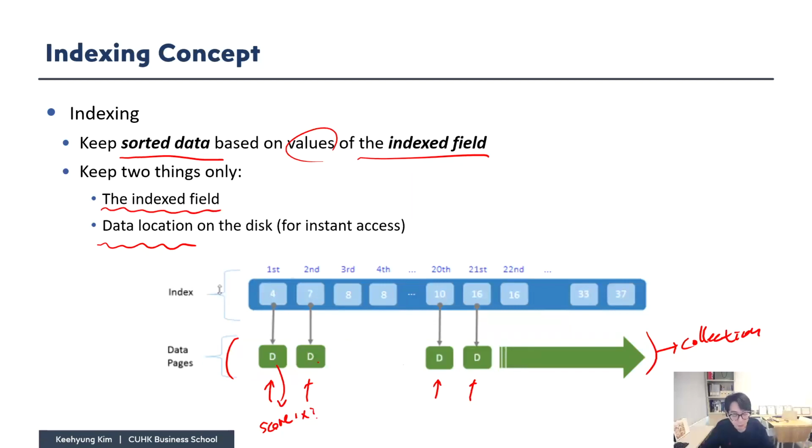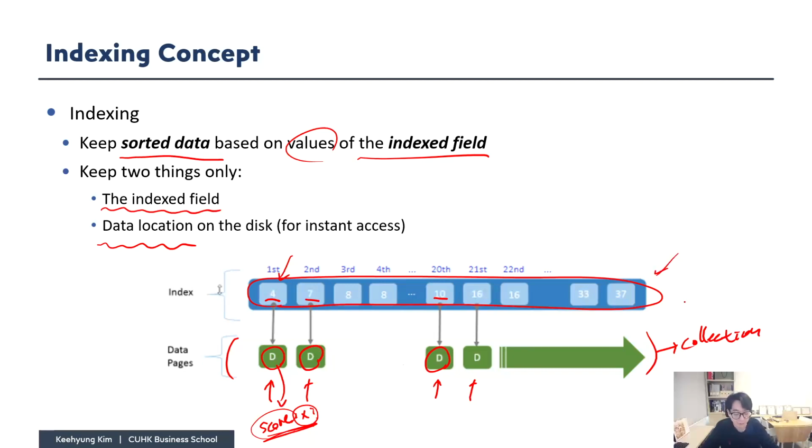Based on those values, you want to do a query. You want to find the document with the score 16, or score 10, something like that. Then you can create an index based on the score field. The number is stored in the index, extracted from each document. So this document has a score of 4, this document has a score 7, this document has a score 10, like this. Based on this value, we sort, from the smallest score to the largest score.